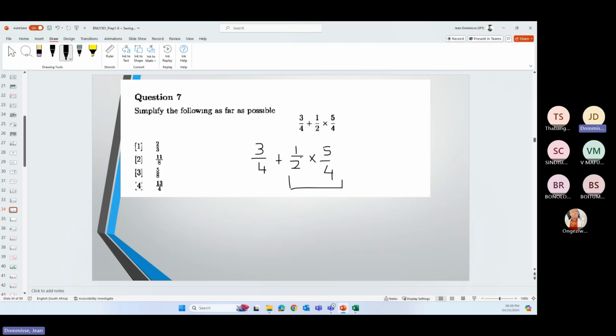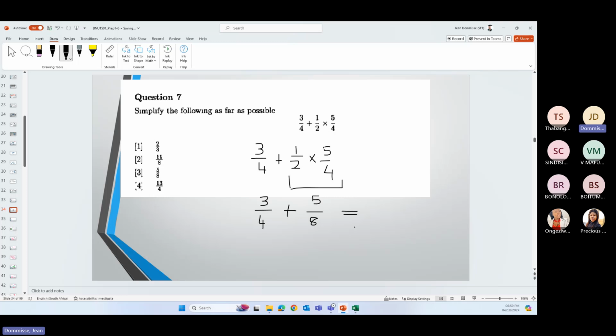And here I can't see anything that we can cancel out. So 1 times 5 is 5. 2 times 4 is 8. So I'm basically sitting with a formula of 3 over 4 plus 5 over 8.